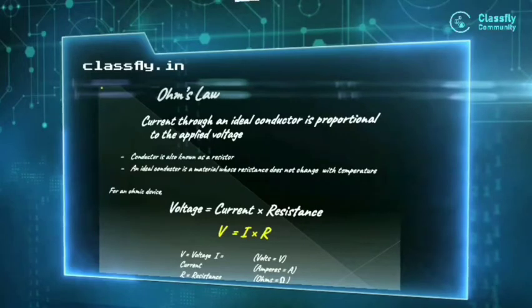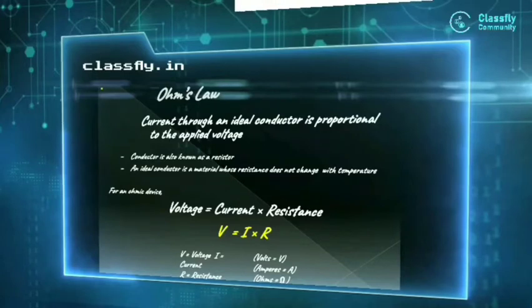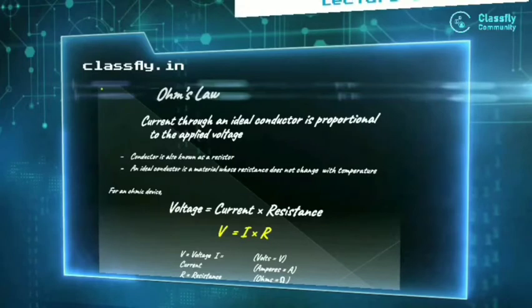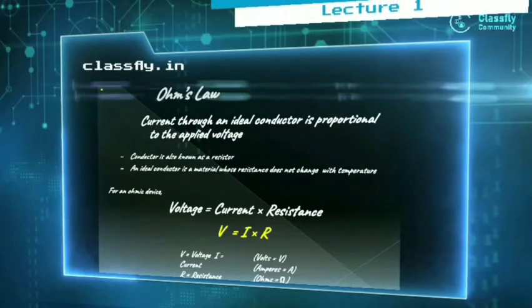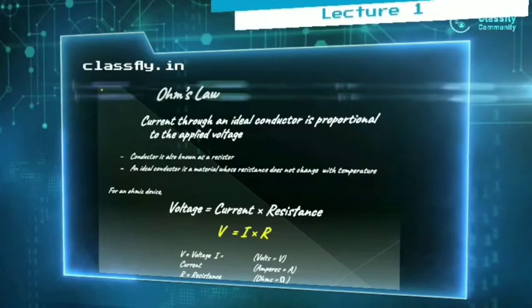A conductor is also known as a resistor. A conductor is basically a part which allows the flow of the current. So it is also known as a resistor because a resistor also allows the flow of a current.